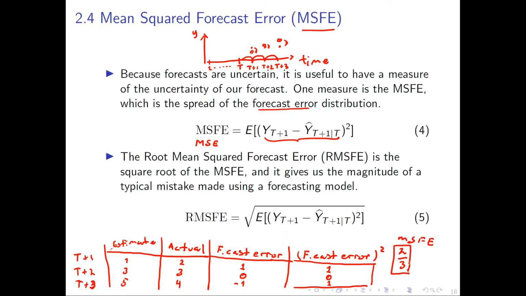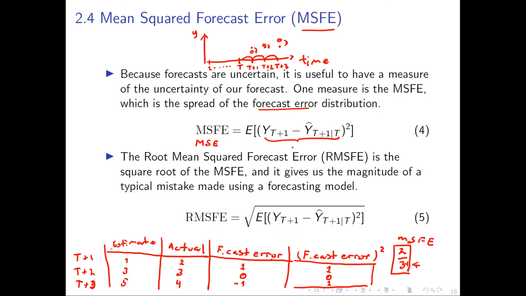To get the sample equivalent, you could subtract 1 in the denominator, and then you get the unbiased sample mean squared forecast error. But if you have a lot of data, then the mean squared forecast error and the sample mean squared forecast error are very, very similar.